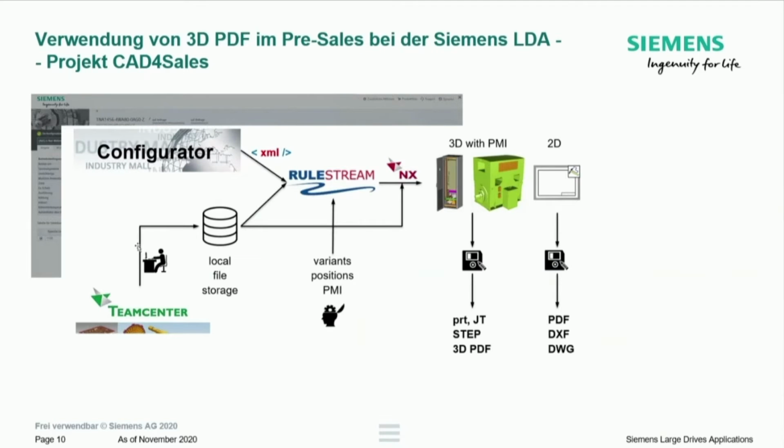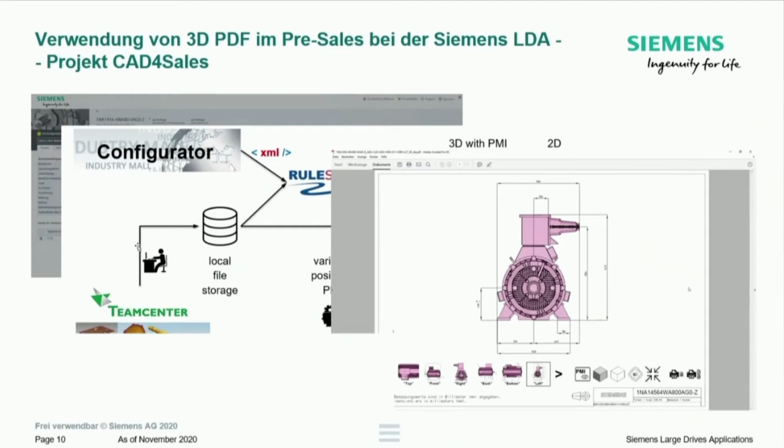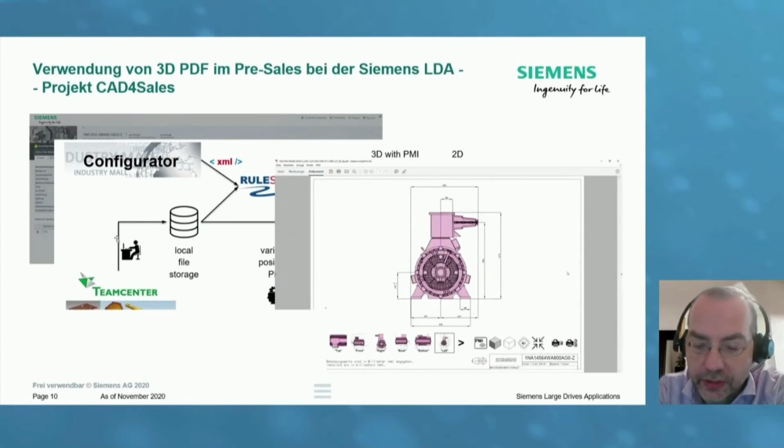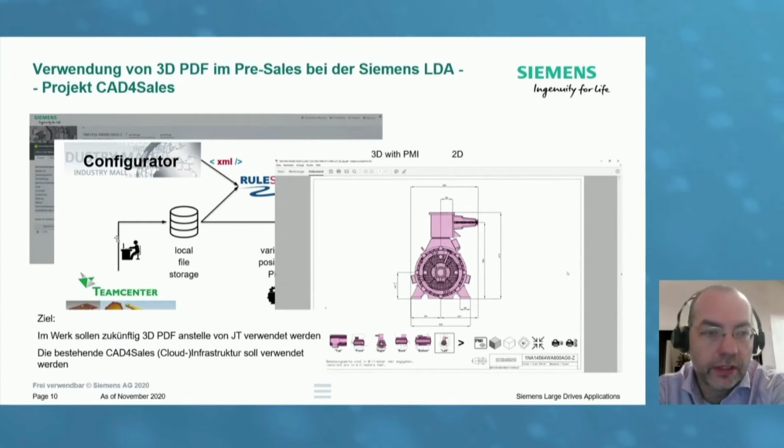One of the formats was 3D PDF, and it was accepted very well both by customers and also the engineers in our own processes. And the idea was just to take this existing infrastructure and do the same thing we did in this project, generating PDFs.